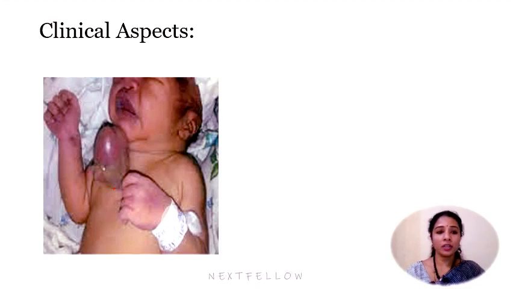It occurs due to the non-union of the two sternal plates of the developing sternum, and death occurs in most of the cases in the first few days of birth. So this was ectopia cordis.